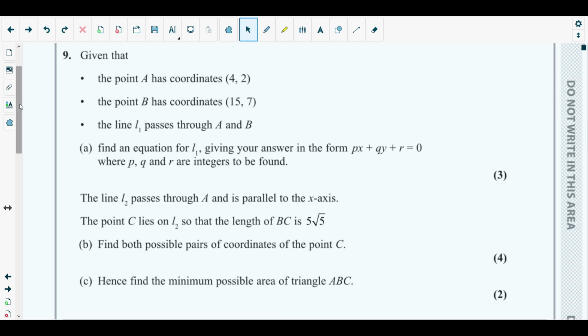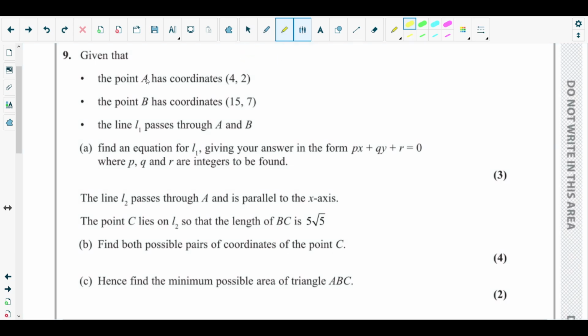In order to be able to solve this question, you should have practiced sufficient questions from P1 chapter 5, straight line graphs. So let's get started with question number 9.